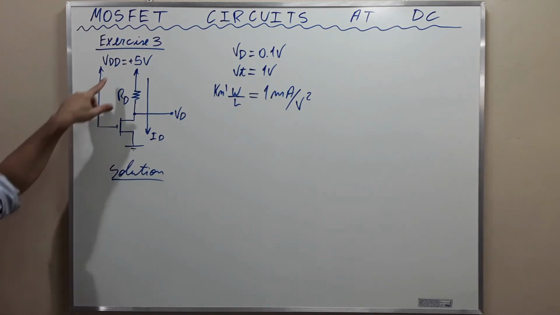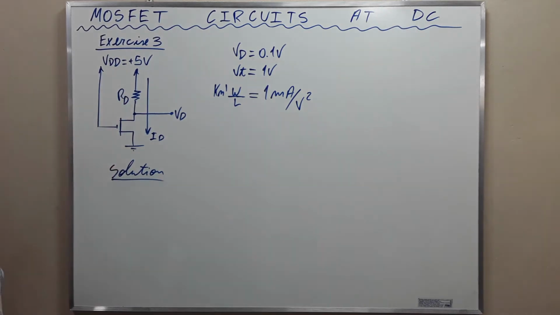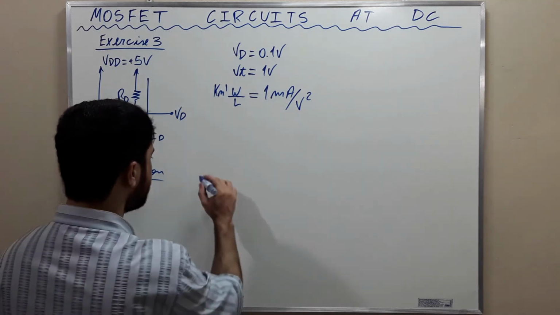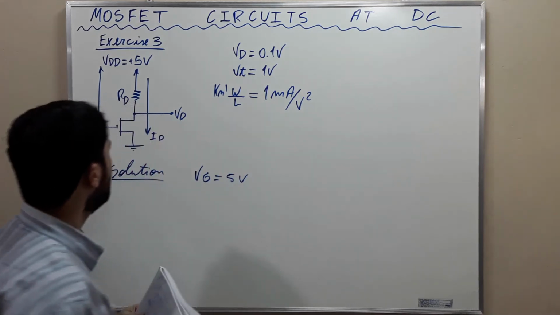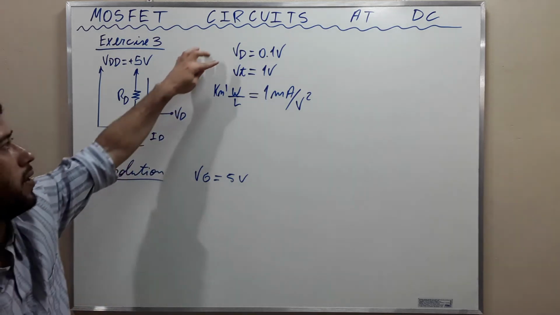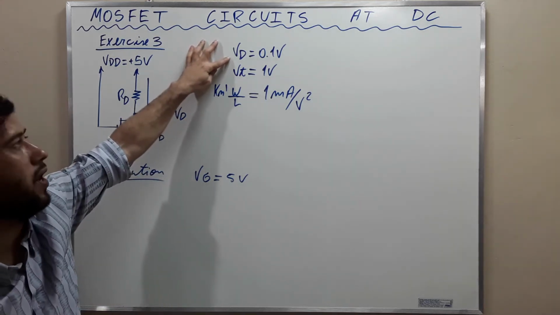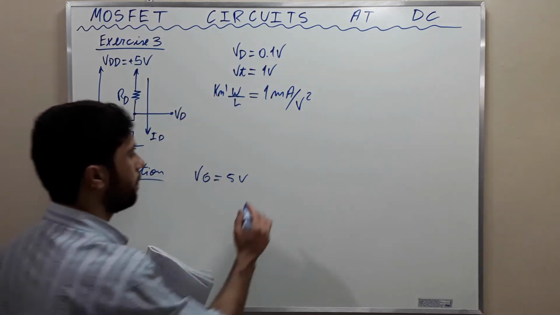VG is connected to 5 volts. Okay, so VG is 5 volts. And VD, this is a requirement of the exercise, VD has to be 0.1 volts.